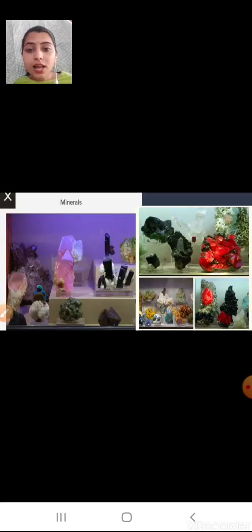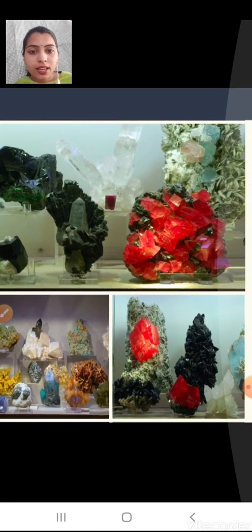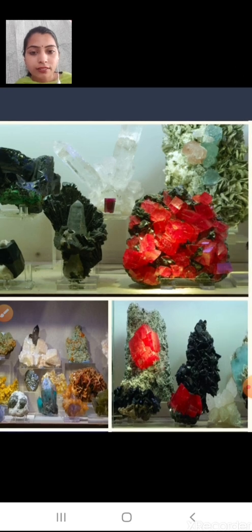Now see, these are minerals. See, minerals are also of different colors. So when they make a rock, that is also different. See, these are the pictures of minerals. See how colorful these minerals are.